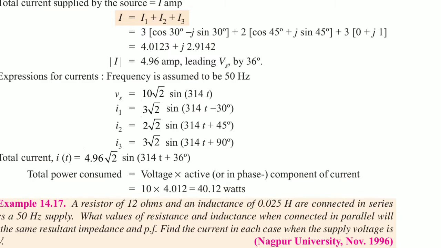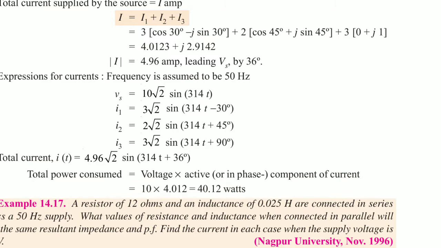Vm is the maximum voltage, but here they have given the RMS voltage. So how do we get the maximum voltage? The maximum voltage is root 2 into the RMS voltage. Note down once again the formula for the maximum voltage.